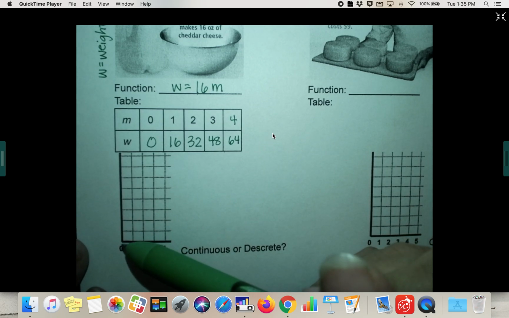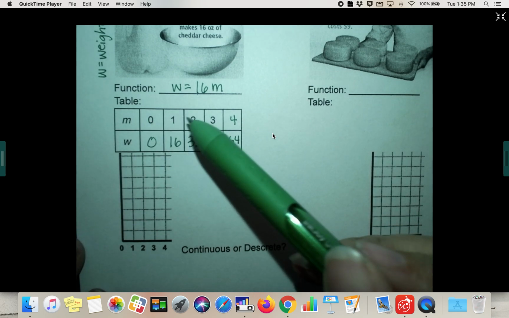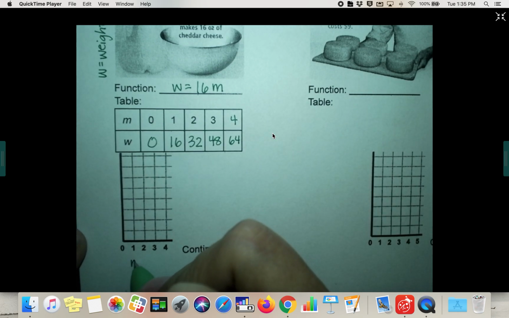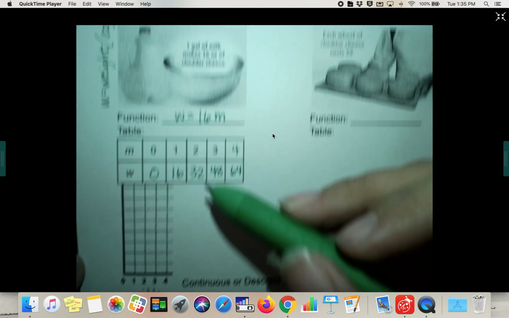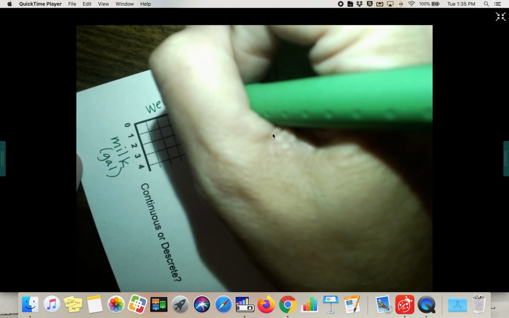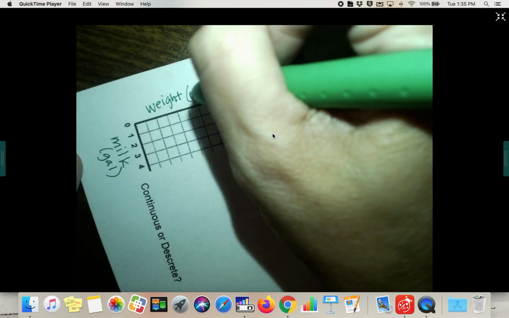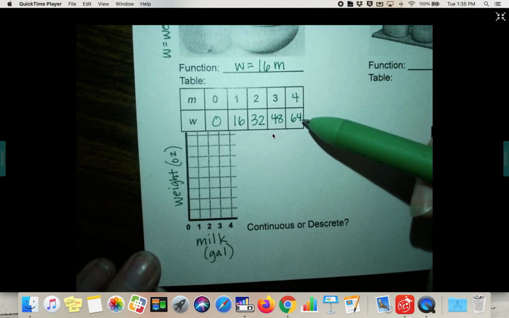Okay, and then it says to graph it. So we need to choose something appropriate on the y-axis scale. And remember, the x-axis is our milk. And I believe the milk is in gallons. And the W is weight in ounces. Okay, so let's choose an appropriate scale. We need to get all the way up to 64.